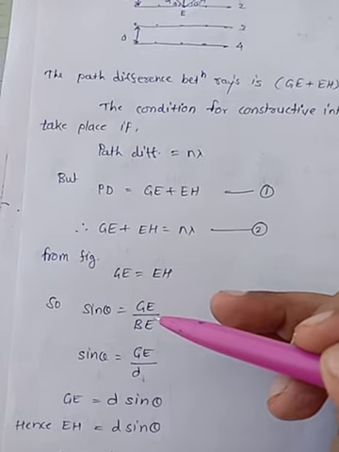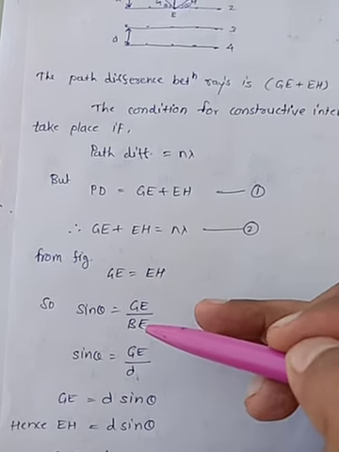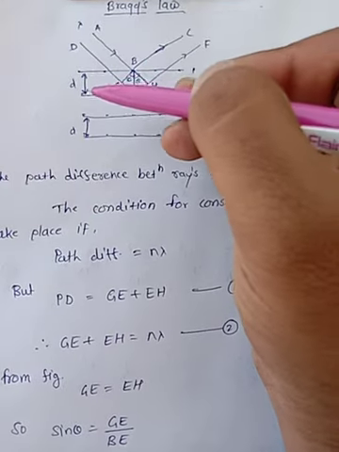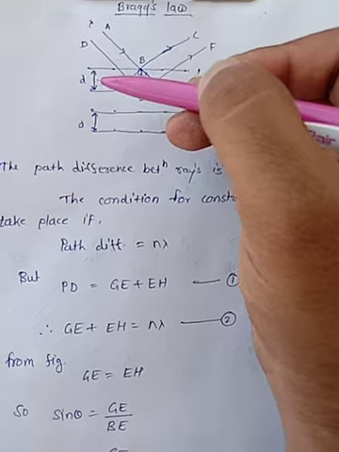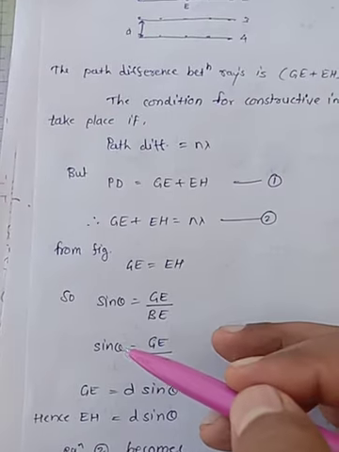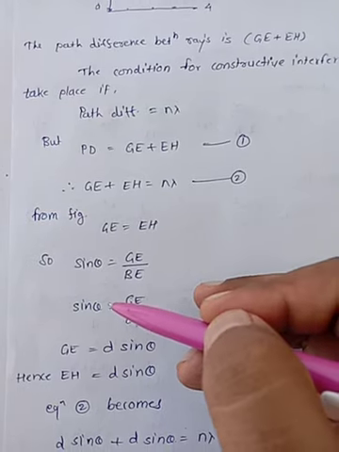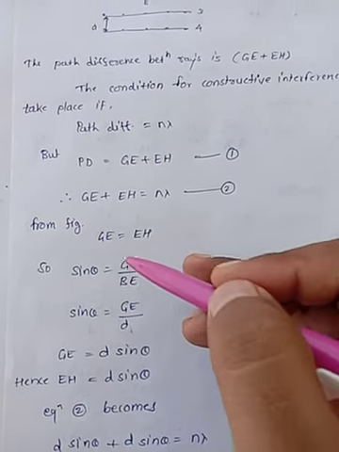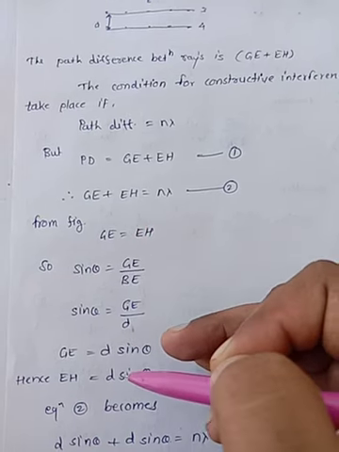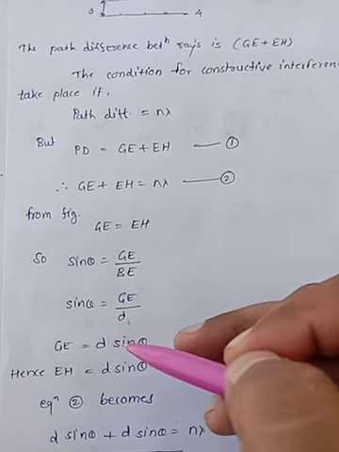So sin theta is equal to GE upon d, or GE is equal to d sin theta. Hence EH is also equal to d sin theta.